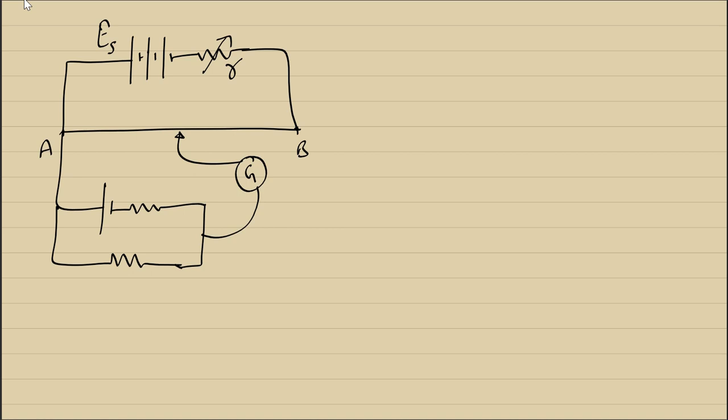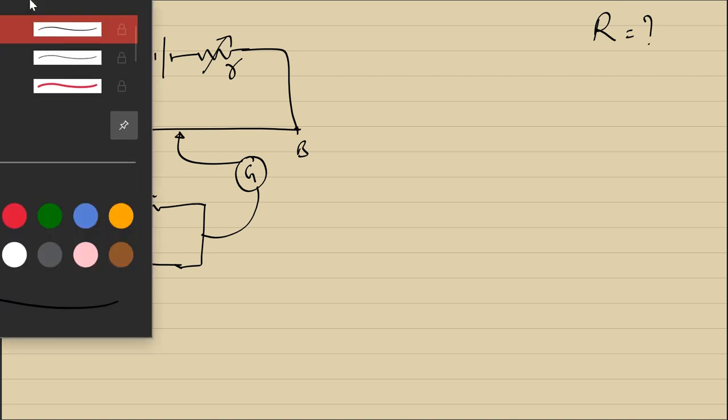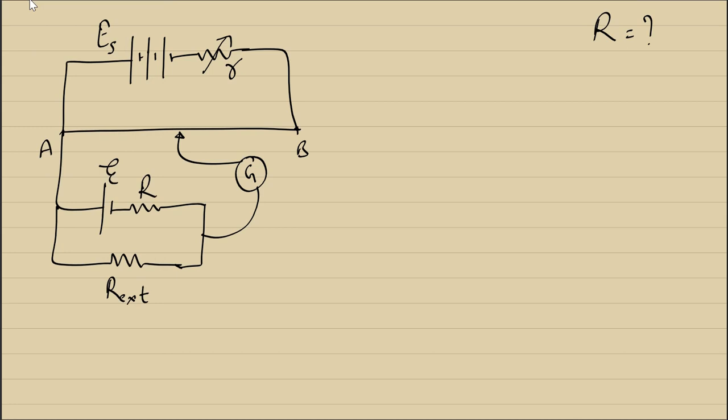The EMF is E. The internal resistance we have taken to be R. Remember, R is our resistance which we have to find, and this value we have taken to be R external. This is the standard circuit diagram. Now pay close attention. Our aim is again to find the null point. We connected the circuit in this fashion and again found the null point. Say this time we got it at the length L2.